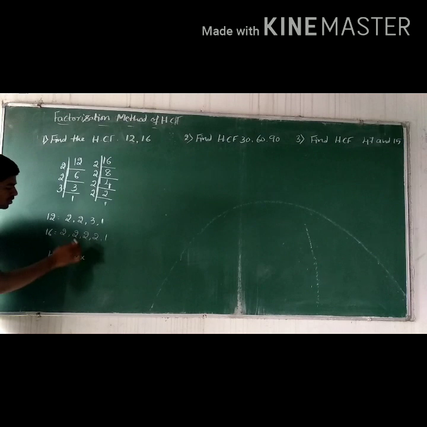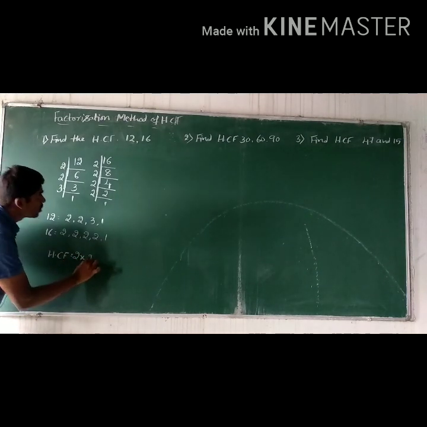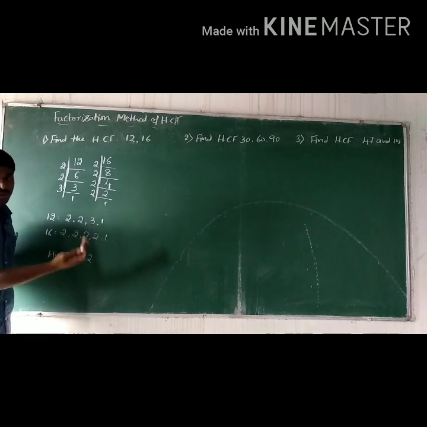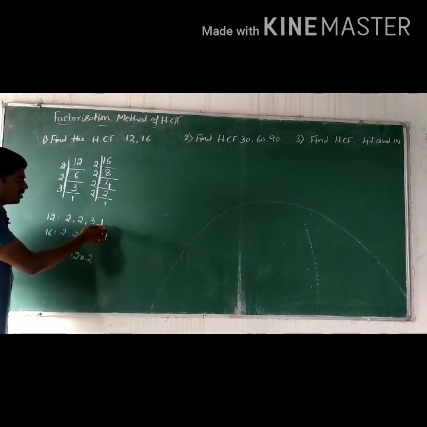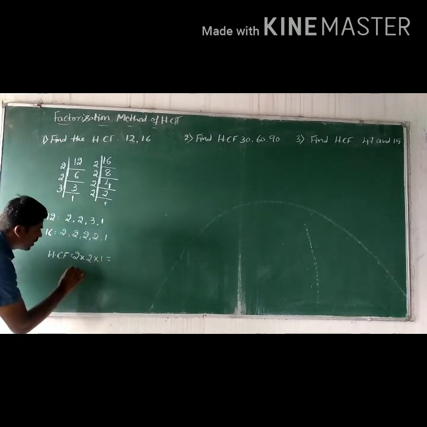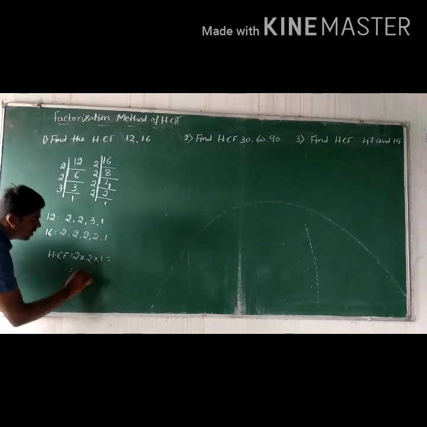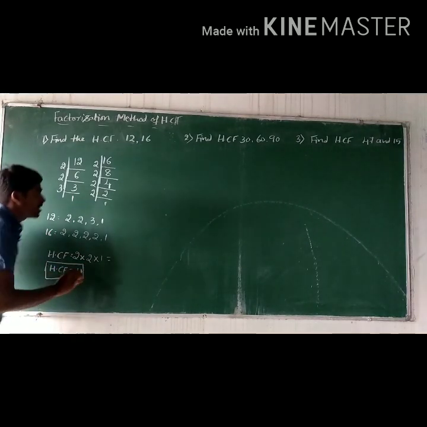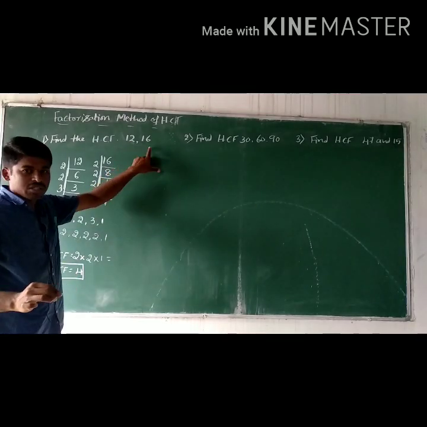We take 2. Again, 2 is there here, and 2 is there here. We take 2. Now here 3 is there, here 2 is there, it cannot be matched. Now here 1 is there, here also 1 is there. We take 1. Now the HCF is 2 times 2 is 4, 4 times 1, we get 4. 4 is the HCF of 12 and 16.